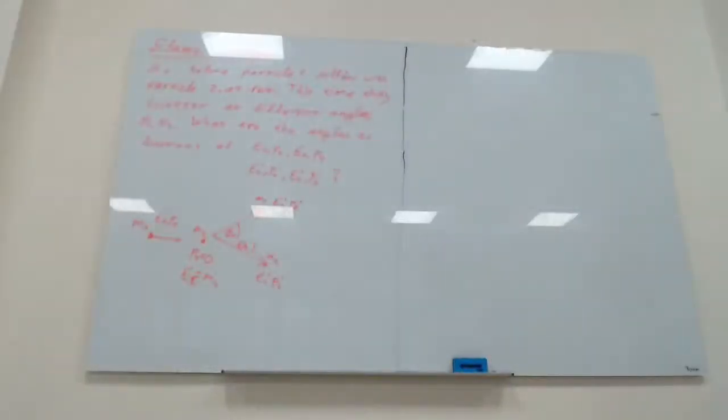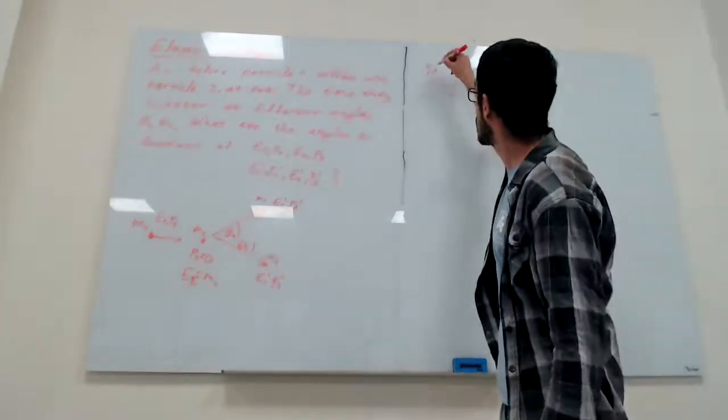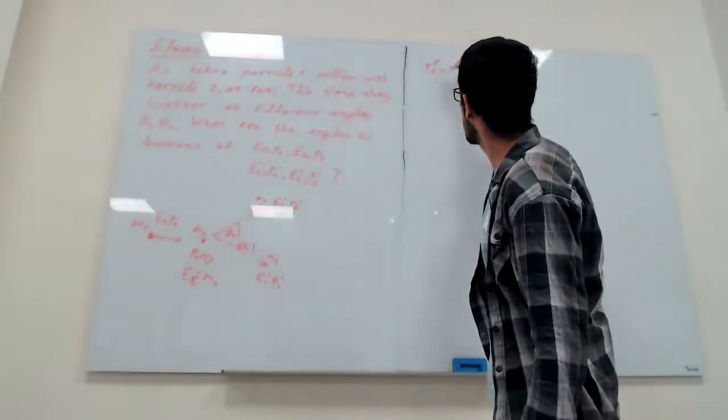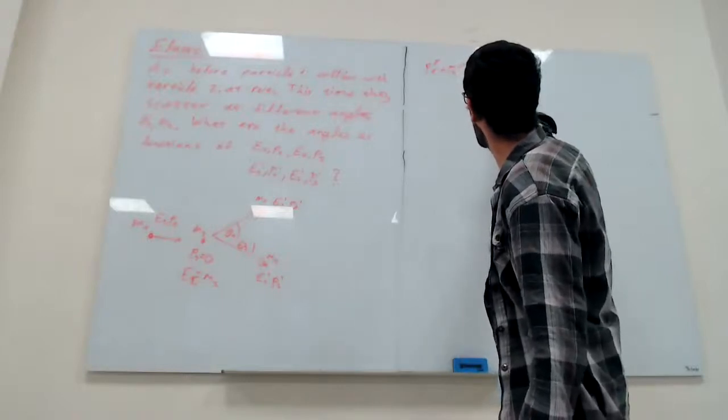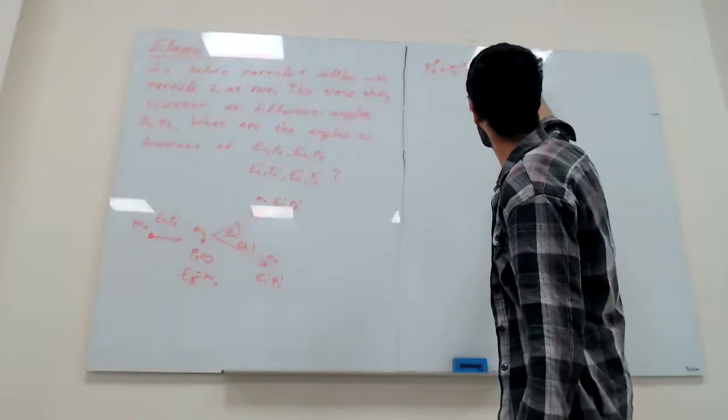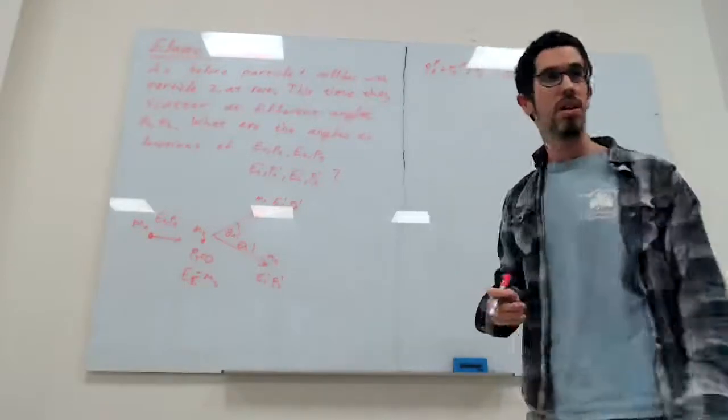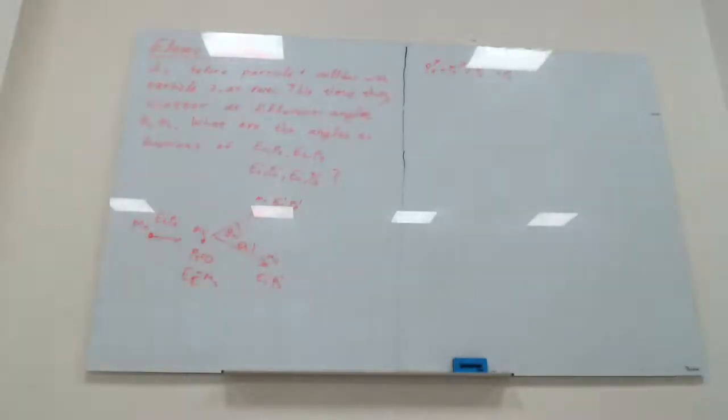So the question is pretty clear. We use again energy momentum conservation. We have P1 mu plus P2 mu equals P1 tag mu plus P2 tag mu. Now we want to isolate which one of them? Isolate P2 tag.